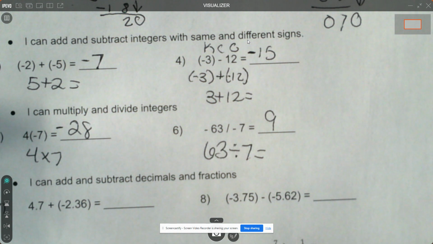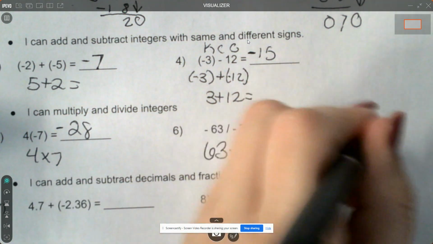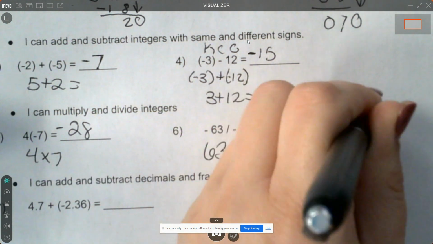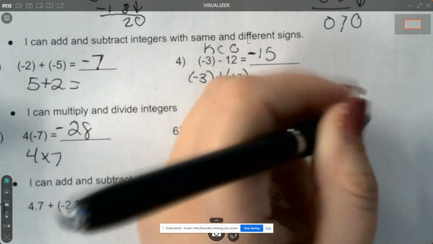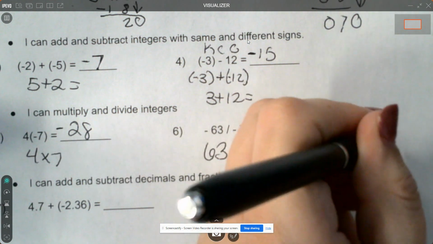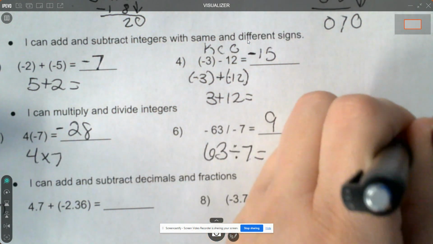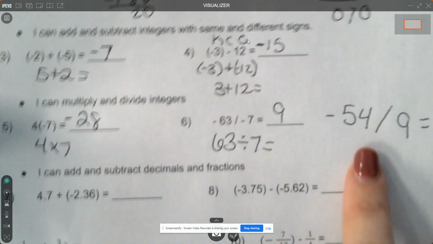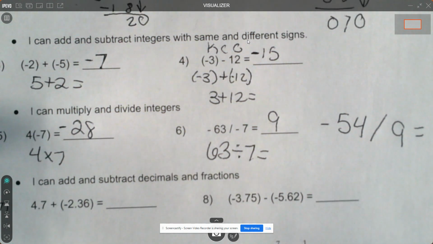So let's go with negative 54 divided by 9. If you're doing this without a calculator, you can simply look at the big 9 up there on the side, and you can count until you get to 54.